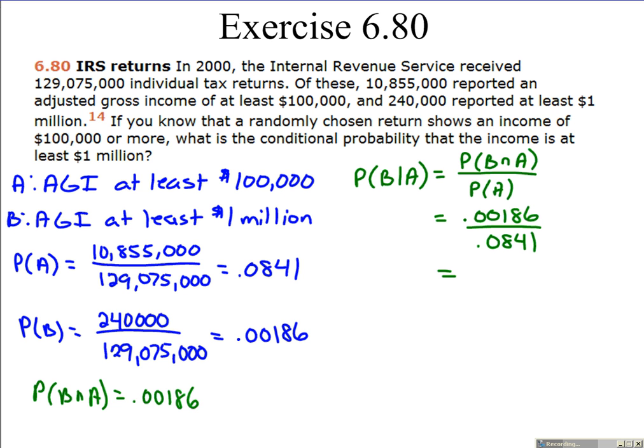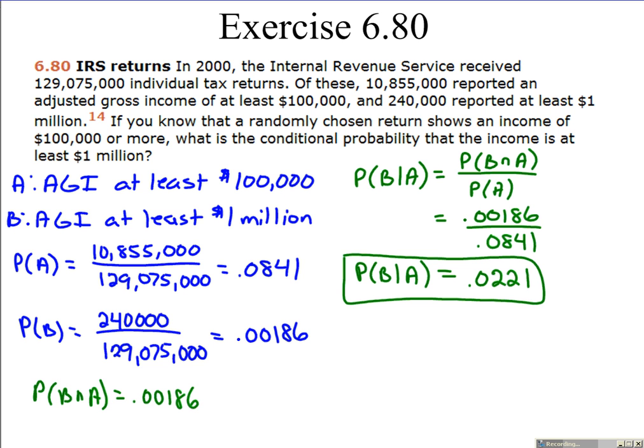Divide that out, and the probability that it's a $1 million return, given that we already know it's a $100,000 return, is 0.0221. So that means 2% chance of picking randomly all of the $100,000 returns and them being actually over $1 million.